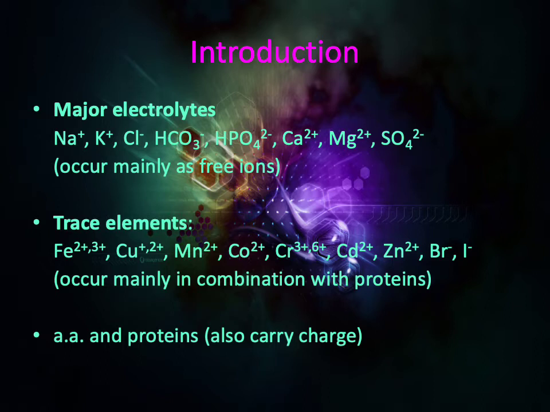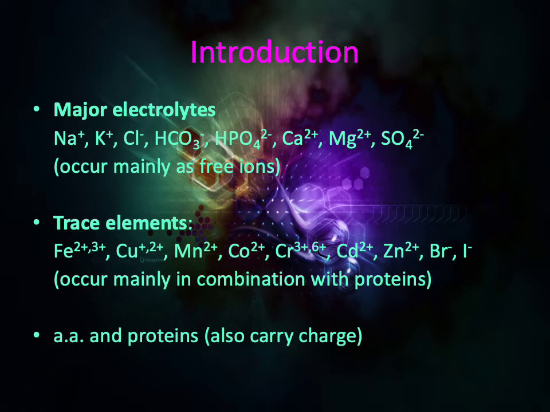These electrolytes include iron, both the ferrous and ferric states, copper, both the cuprous and cupric states, manganese, cobalt, chromium, trivalent is essential, but hexavalent is toxic, cadmium, zinc, bromide, and iodine.